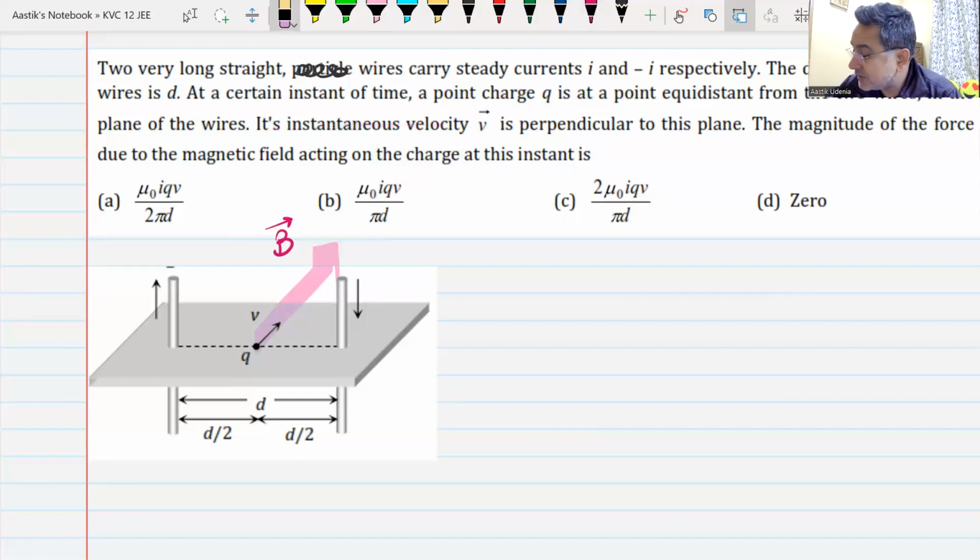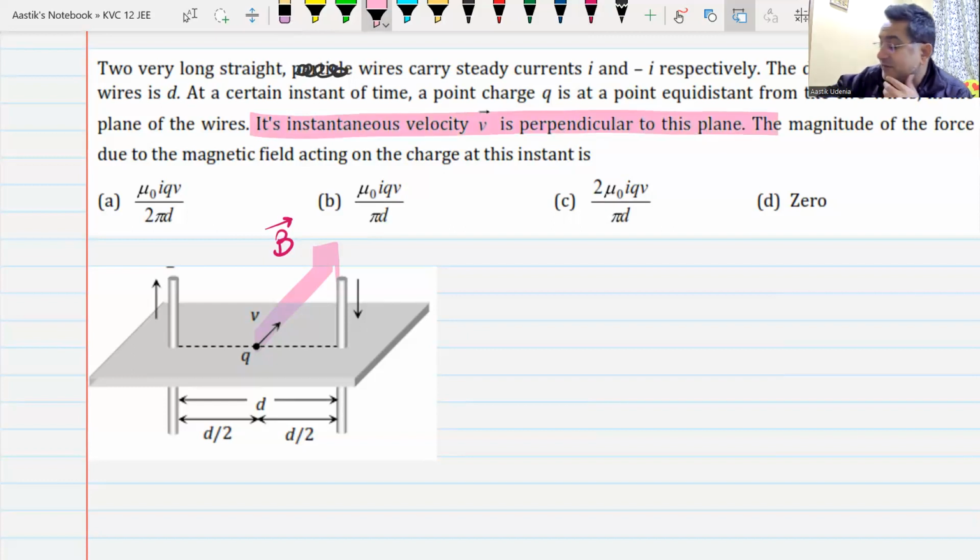If you read the question carefully, you will understand that the question is made in such a way that even though magnetic field is not 0, magnetic field is getting added up, the velocity and magnetic field are in the same direction, and therefore, my dear friends, the answer still remains 0. So wherever there is 0, you always mark 0.